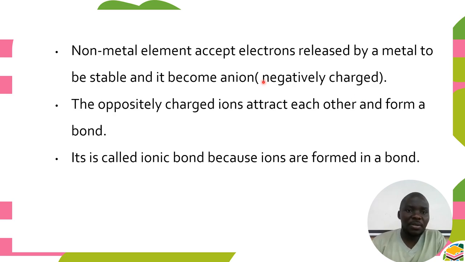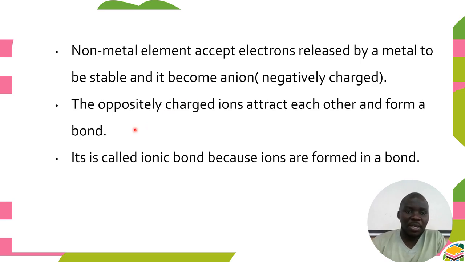So we can see the metal releases the valence electrons, and those valence electrons are gained or accepted by nonmetal elements. If a metal loses electrons, it becomes positively charged, while a nonmetal, after gaining those electrons, becomes negatively charged.